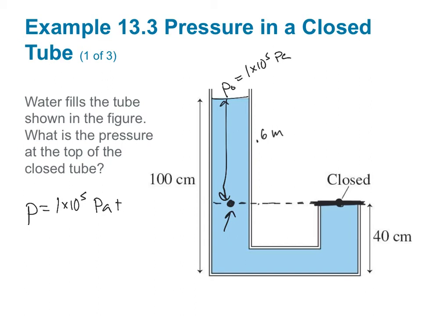The density of water is 1,000 kilograms per meter cubed. So that's 1,000 times g, 9.8, times the distance down, 0.6. So you'll get that the pressure is some number. After typing it into my calculator, I see that some number is 105,880 pascals.